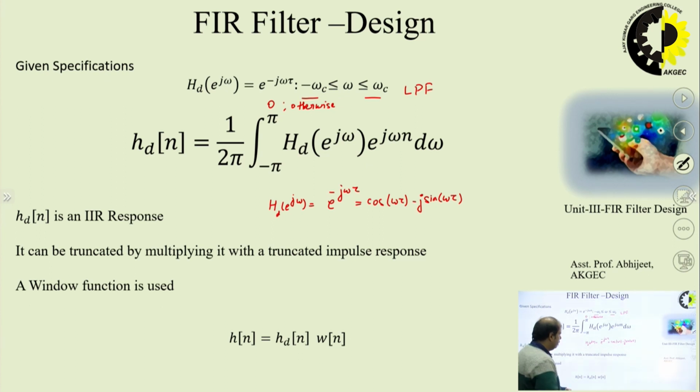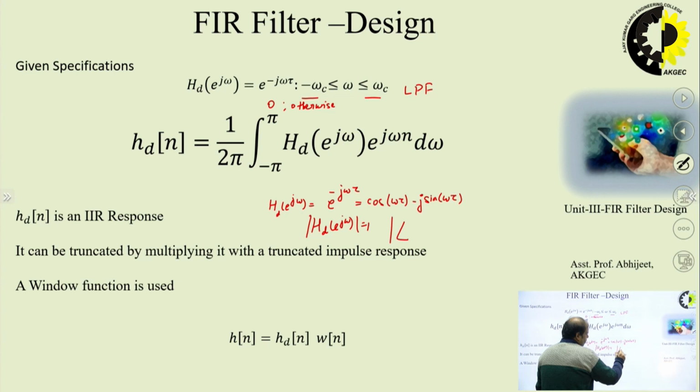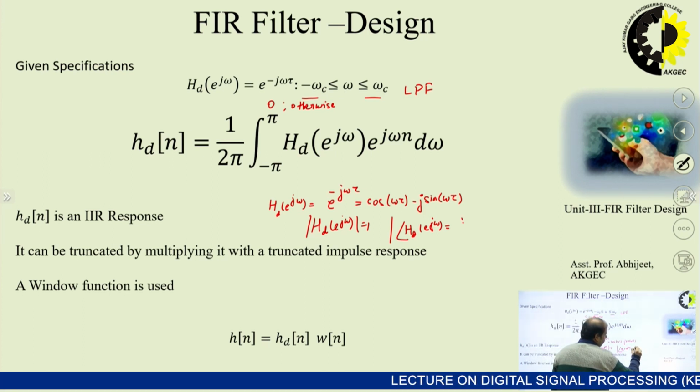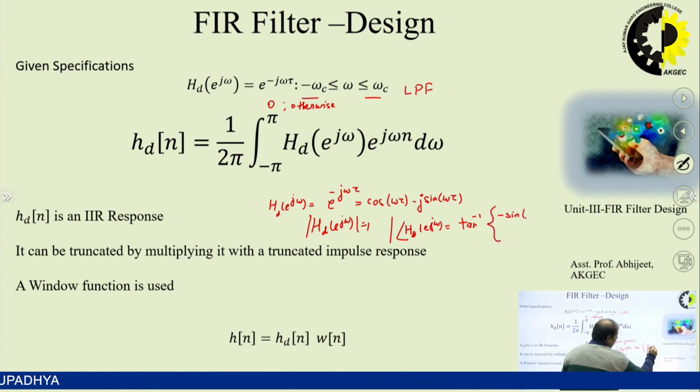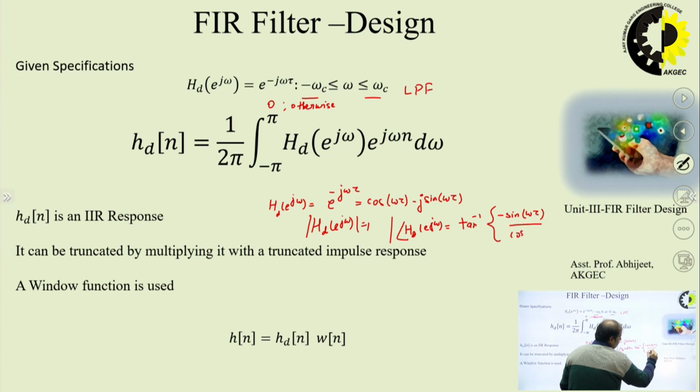And if we talk about the magnitude in this case for hd of e^j omega, the magnitude is 1, because it will be root under real square plus imaginary square. The imaginary part is the sine, the real part is the cos. Root under cos square plus sin square is 1. As far as the phase part is concerned, it is tan inverse. I shall write this because it is important. Minus sine of omega tau upon cos of omega tau, which becomes minus tan of omega tau.